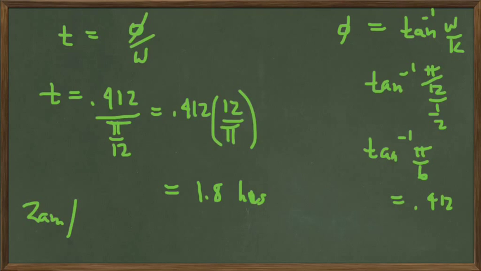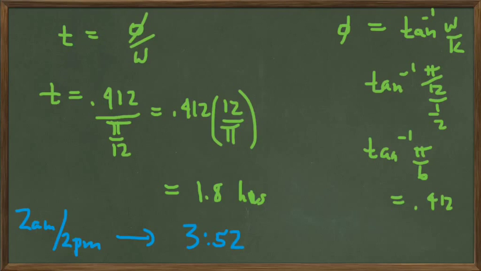was the low and 2 p.m. was the high, we see that the low inside and the high inside would be 1.8 hours later, which is about 3:51, or actually closer to 3:52 a.m. and p.m. And then the outside temperature low was 50, which was 65 minus 15 was the low, and that was outside.